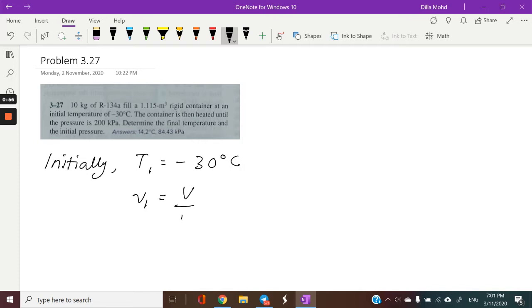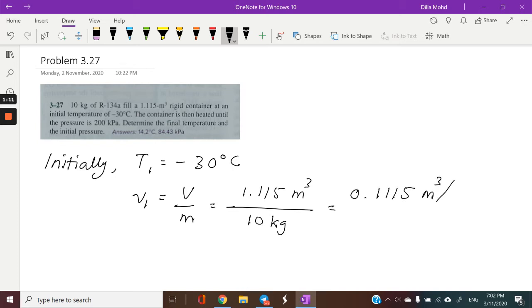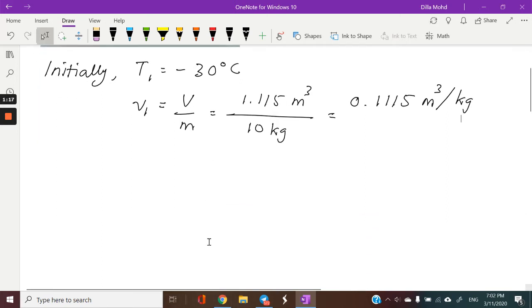This is V over m, so you have 1.115 meter cube over 10 kilograms, which equals 0.1115 meter cube per kilogram. Based on these two properties, you need to find out the phase of your system.